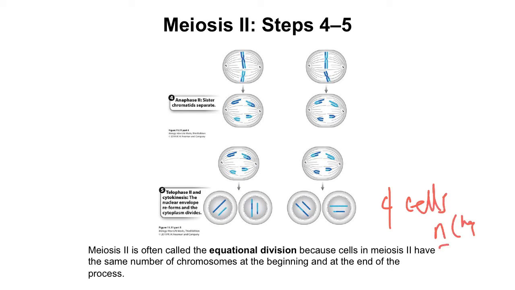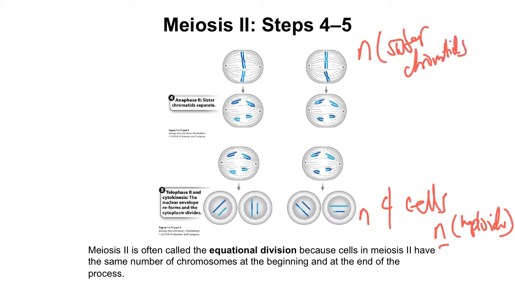But meiosis 2 is called equational because you start with an N and you end up with N. The only difference is that the N here is made up of sister chromatids per chromosome.